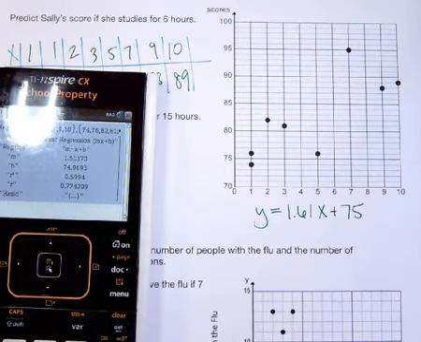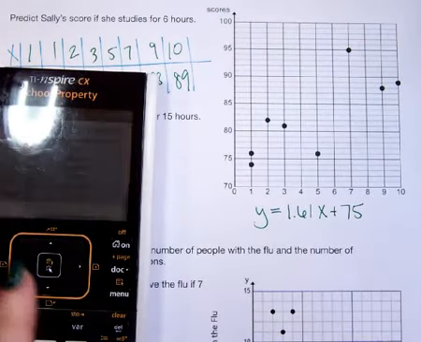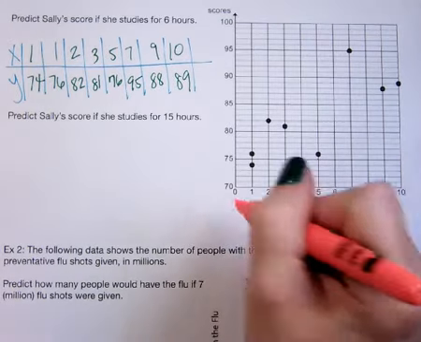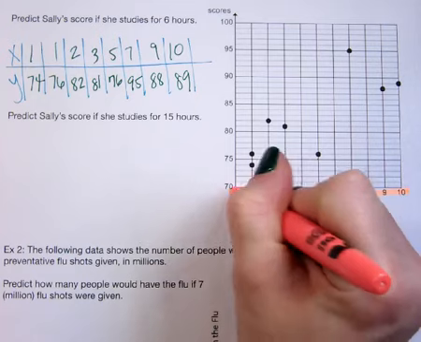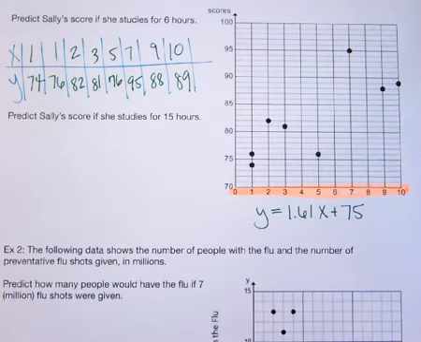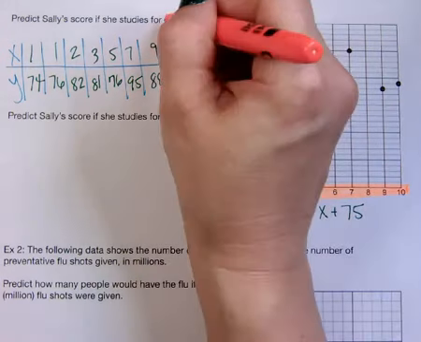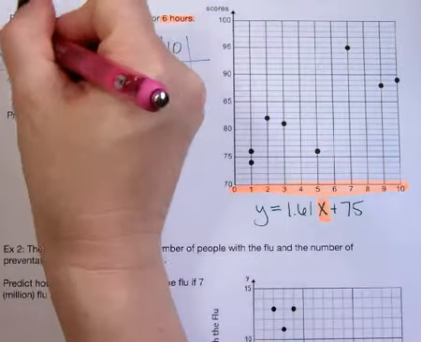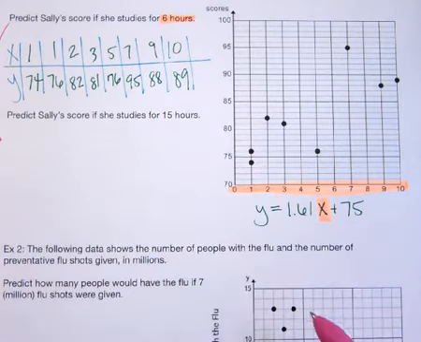You're like, right, but we still haven't figured out what will happen in 6 hours. Here's the cool thing. If you remember our table, this was our number of hours, and this is our x-axis. So we can take our number of hours and plug it in for x, and then it's going to give us an answer. Okay, so my table took up all my space, so I'm going to bring this down, and then we'll do the 15 as well.